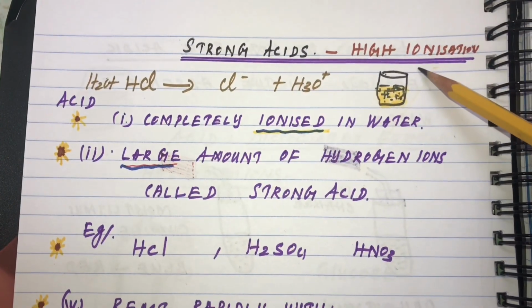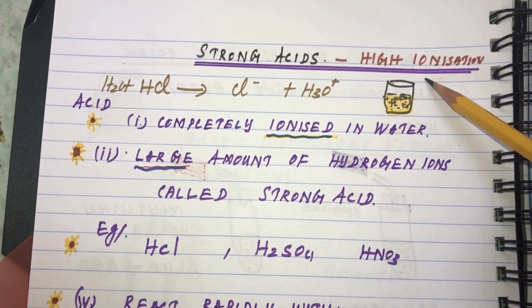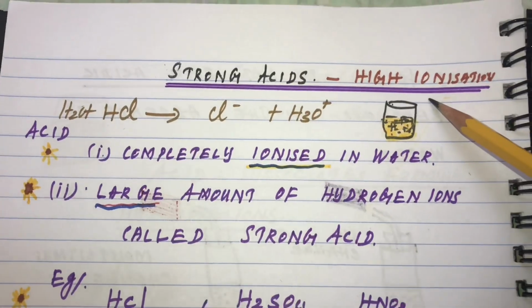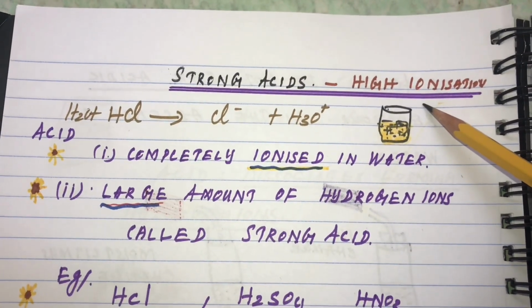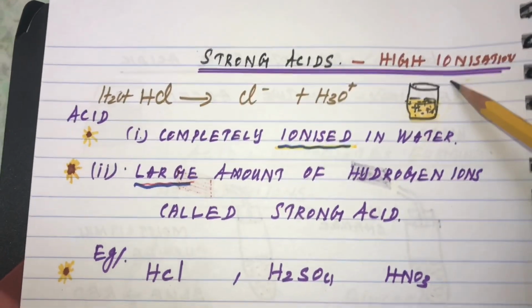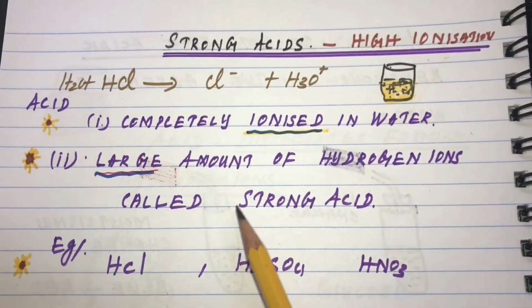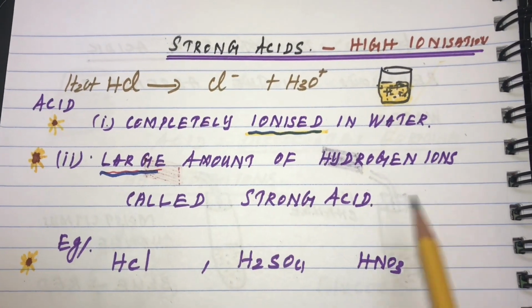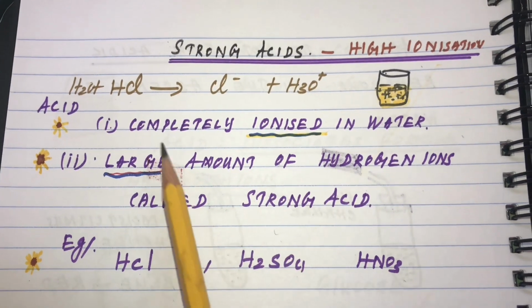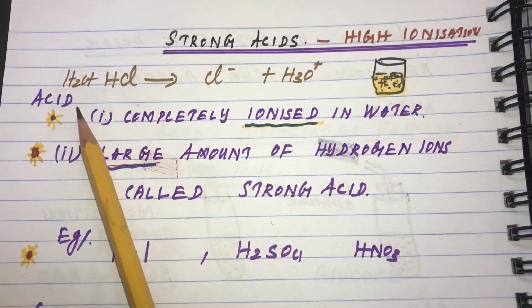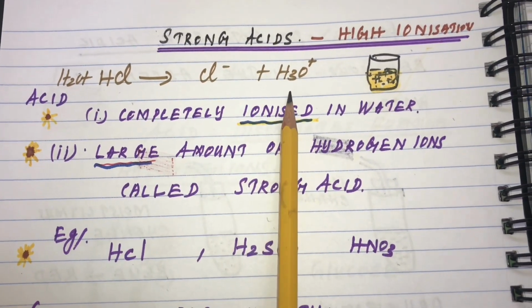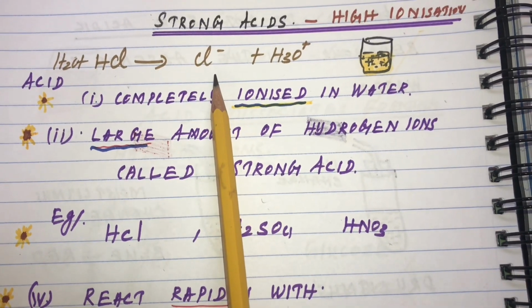Next is the concept of strong acid and weak acid on the basis of ionization. A strong acid is an acid which is completely ionized in solution and gives a large amount of hydrogen ions. For example, hydrochloric acid with water forms the hydronium ion and Cl minus ion.